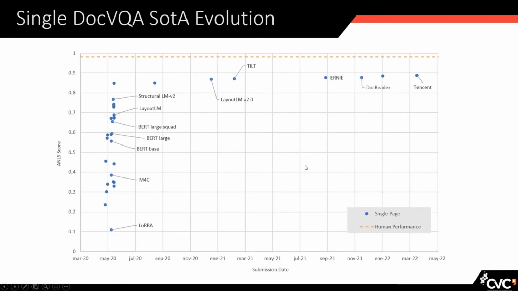This is the evolution of the state of the art on this task. This first initial attempt was from the challenge held when the dataset was released. These couple of methods are multimodal transformers from scene text VQA, as Ali explained before.